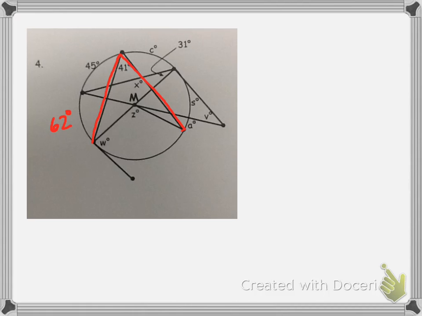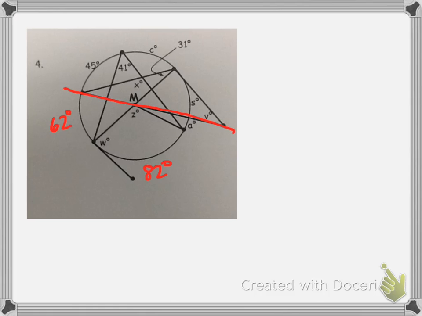Okay, the point is on the side of the circle. So if that is 41, that means that this arc length here has got to be 82. All right? Okay, so now let's look and see what we have. We have got a diameter, right? Our diameter goes across like that.